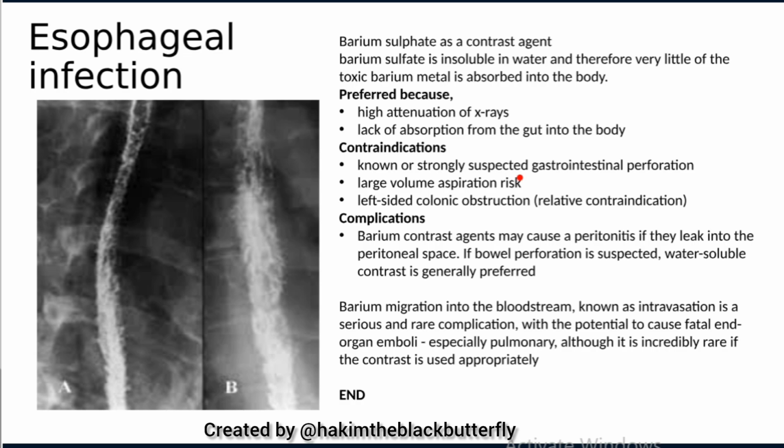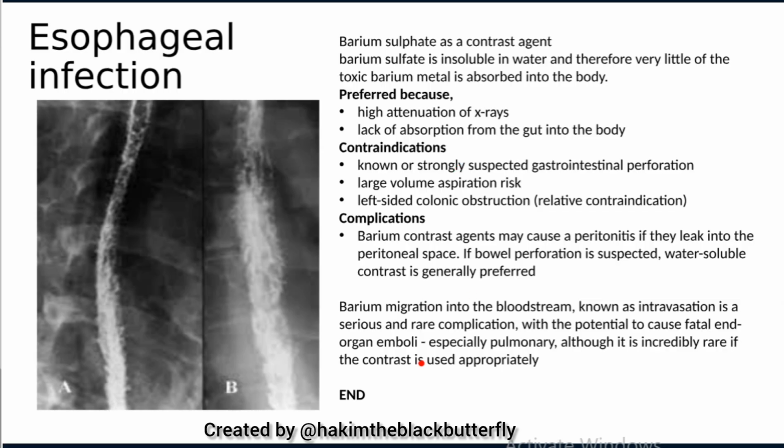Then also, if the patient has a high chance of aspirating this barium sulfate, let me say this patient has neurogenic problems like stroke, or has very chronic dysphagia, we would rather not use this barium sulfate because it will be aspirated, and studies have shown that it can also cause some blockage.